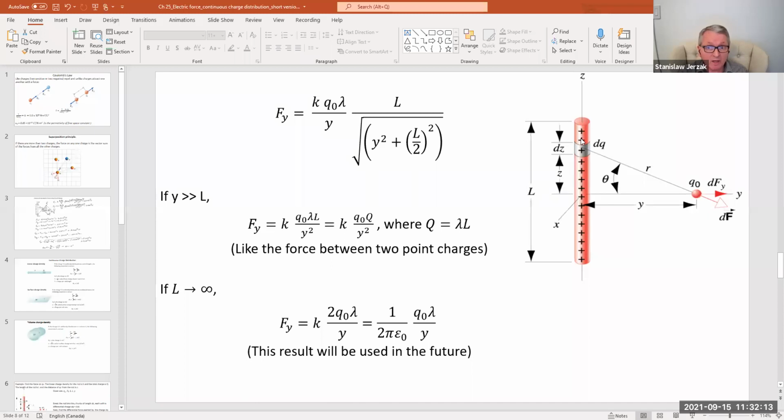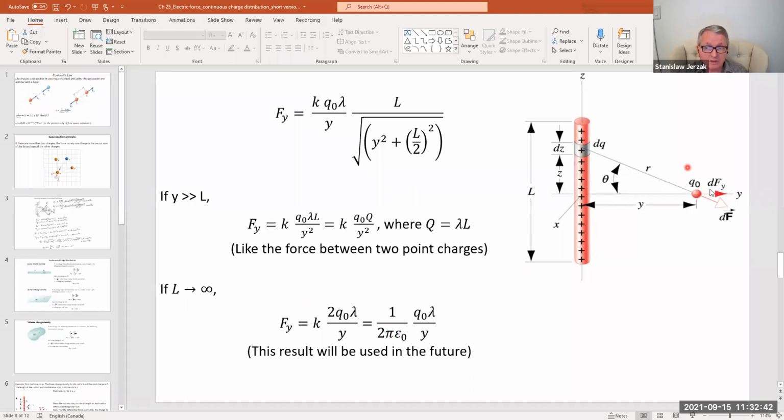Last time we calculated the electric force exerted by that thin line of charge acting on charge Q0. The line of charge was positive, Q0 was also positive. And we calculated that if this line of charge is infinitely long, then the force acting on that charge Q0 is given by this expression, which is written here.